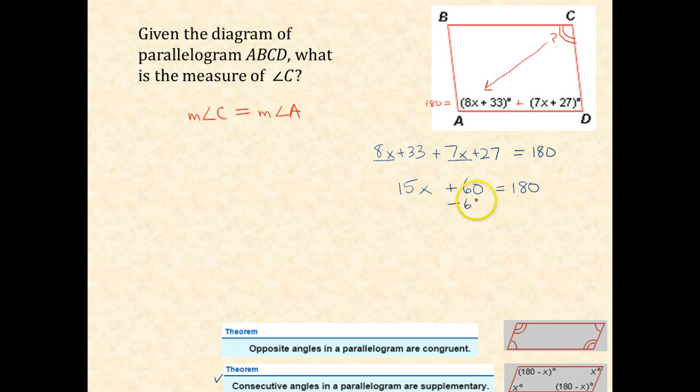So I'm going to subtract 60 from both sides, and I get 15x equals 120.